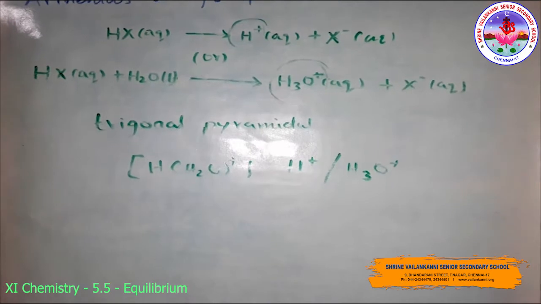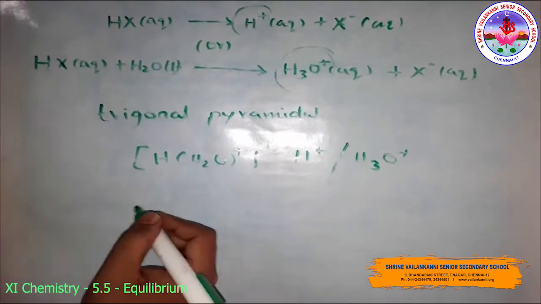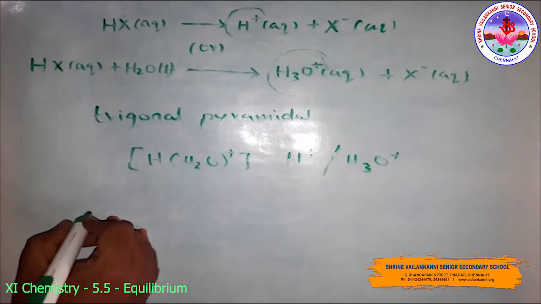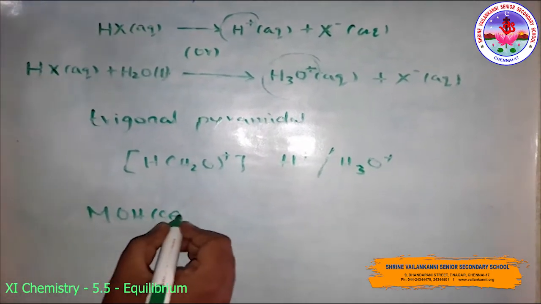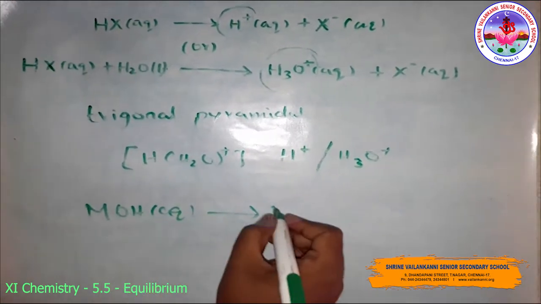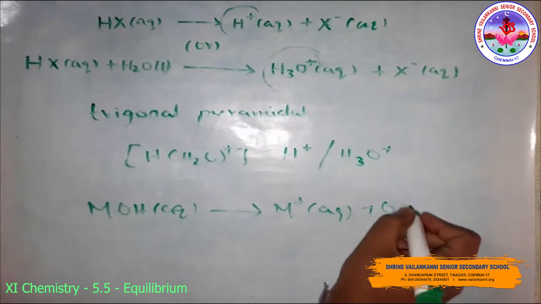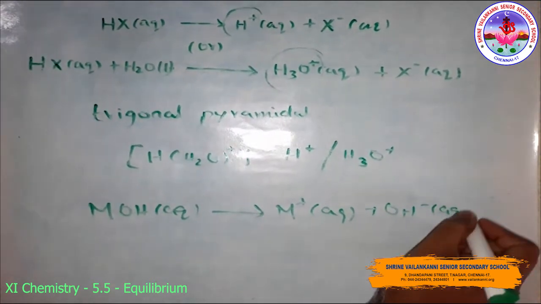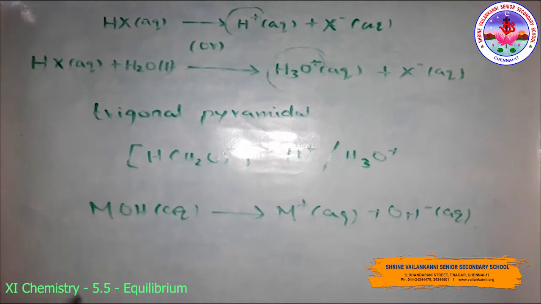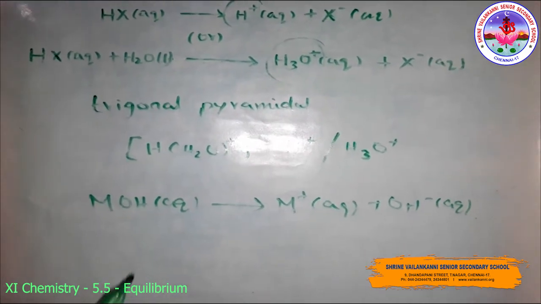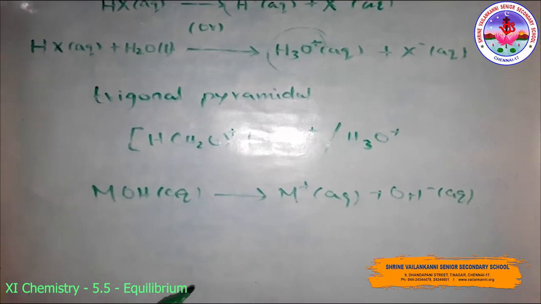Similarly, a base molecule like MOH ionizes in the equation. Look at this. According to the equation, MOH aqueous dissociates into M plus aqueous and OH minus aqueous. The M indicates metal. The hydroxyl ion also exists in hydrated form in aqueous solution.